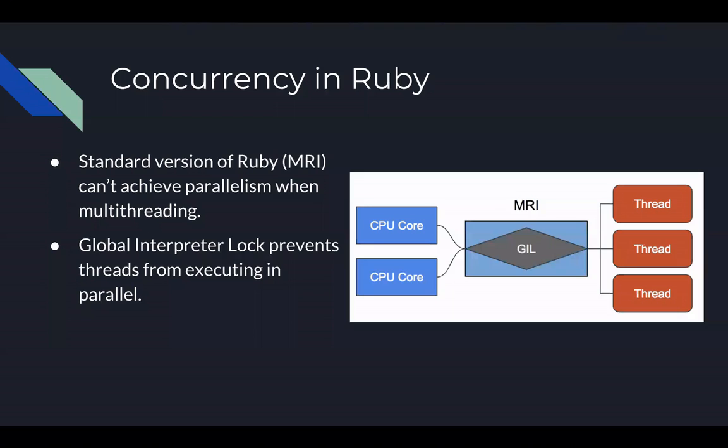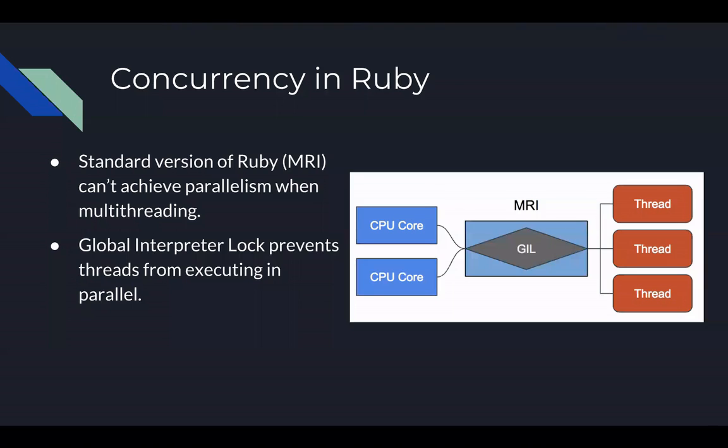Threads can only run one at a time. We have something called the global interpreter lock, which essentially makes it so only one thread can run at once. It'll constantly switch back and forth between threads, but only one thread can be run at one time. So it's important to know that the standard version of Ruby cannot actually do parallelism. It can do concurrency, but not parallelism.